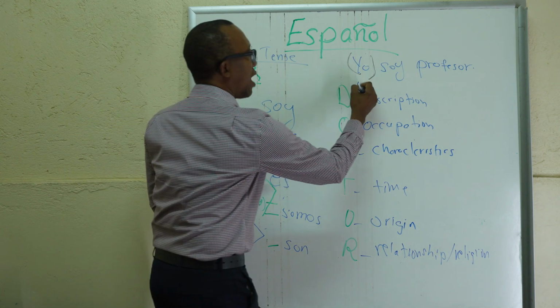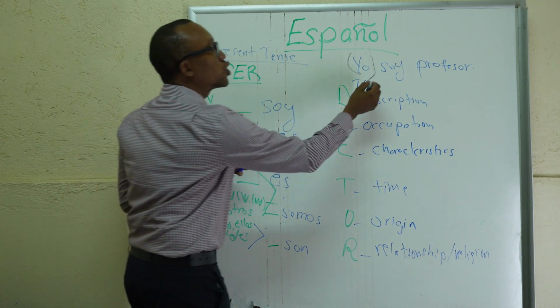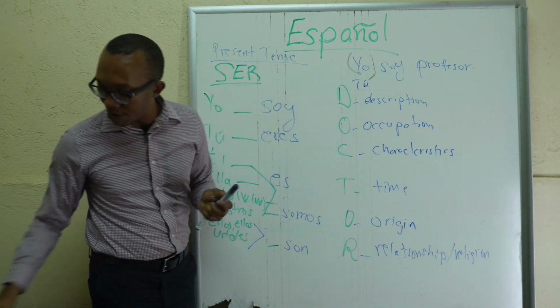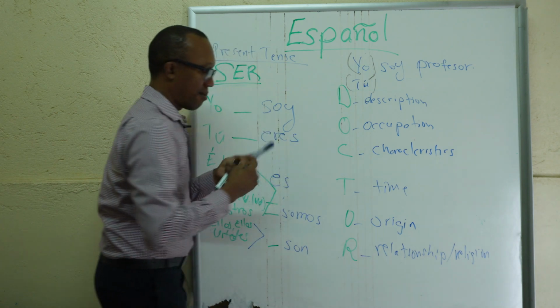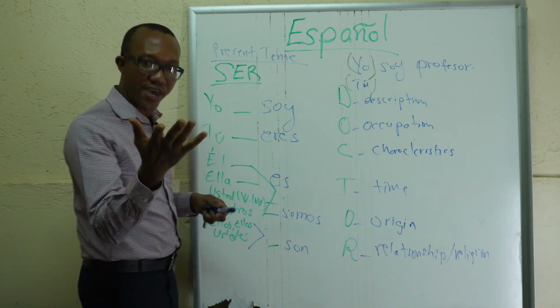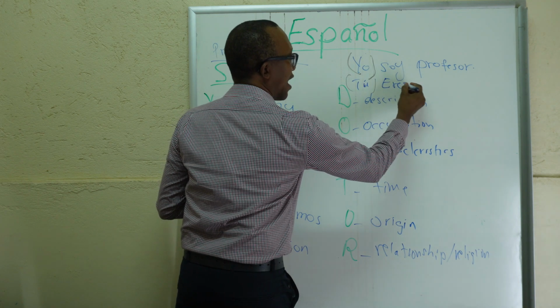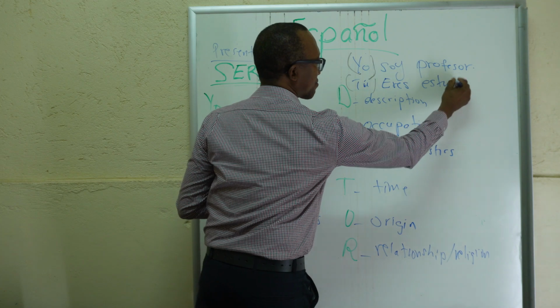Again, put it in bracket, and remember it must have an accent on the U. If you choose to write it, you must have an accent on the U. Without the accent, it means your. So you don't want to convey wrong information. So tú eres. So eres estudiante.